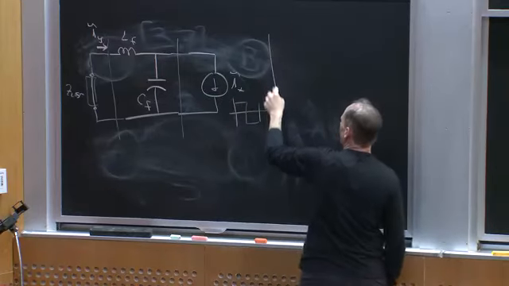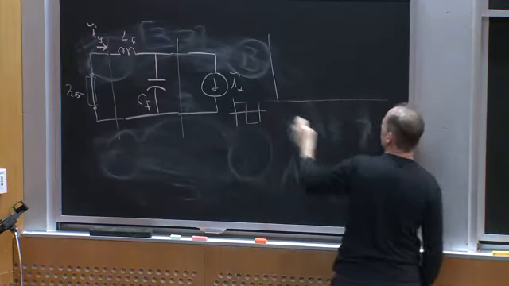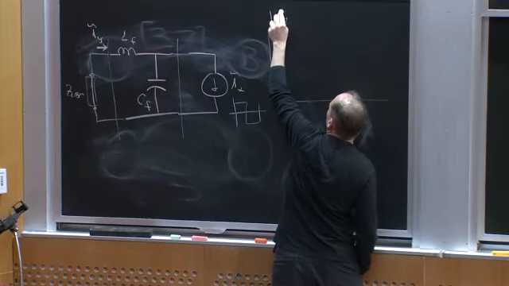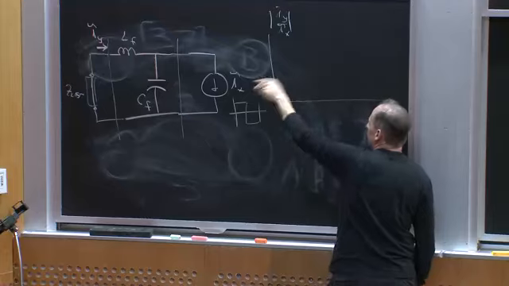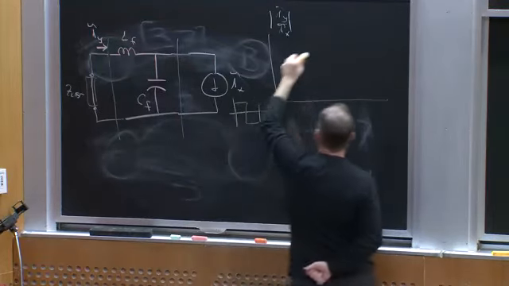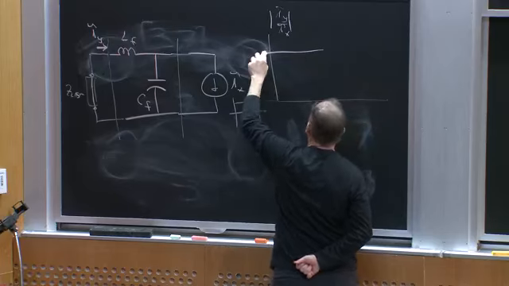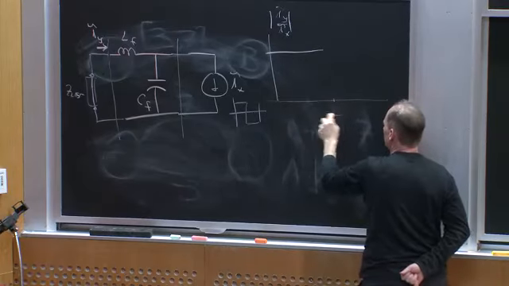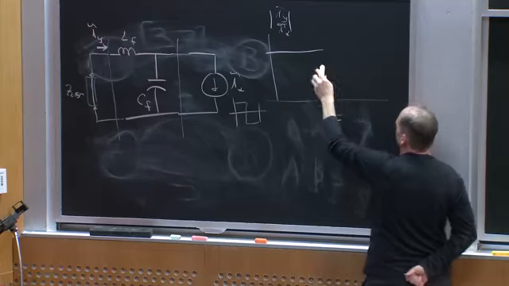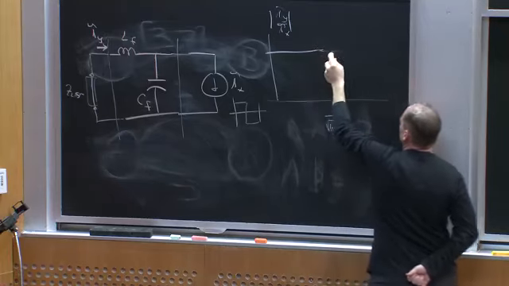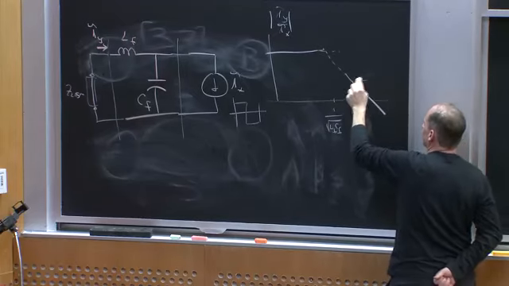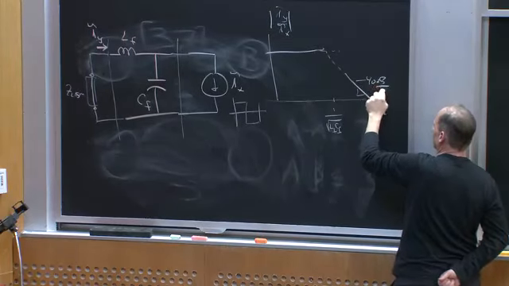Maybe this filter block would give me an attenuation where the magnitude of IY over IX tilde might look something like this. At DC, everything gets passed back, okay? And then well above 1 over the square root of LFCF, it will roll off at minus 40 dB per decade.